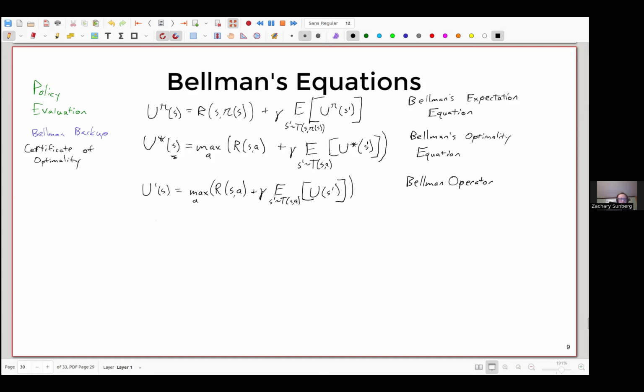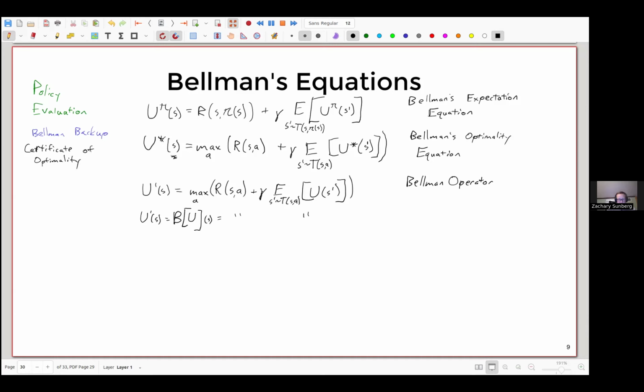And this is sometimes written as U'(s) = B applied to U at s, the Bellman operator of U, and then the rest of this equation, the whole thing with the max there.